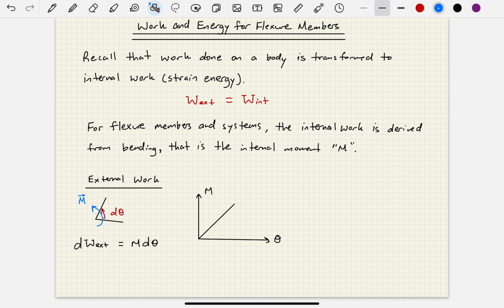And let's say that you gradually increase the moment as you're rotating through this angle theta, all right? And you increase the moment to a value of little m, and that's going to correspond with a value of little phi. So the equation of this line is going to be M as a function of theta is little m over phi times theta. Okay, so this is function notation where theta is the independent variable and M is the dependent variable.